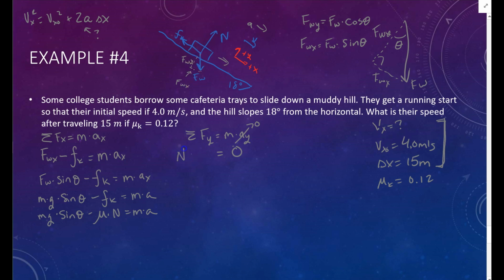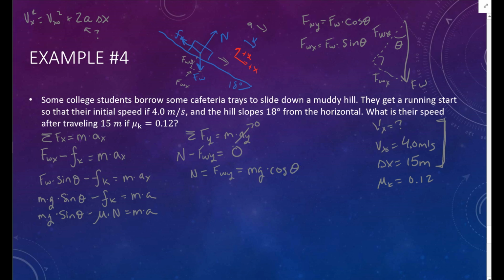So my normal force minus Fwy. That tells me that my normal force is equal to my force of weight in the y direction. We saw, when I broke my force of weight into its x and y components, that a force of weight in the y direction is equal to that weight times cosine of theta. I'm going to go ahead and substitute weight is mg, so mg cosine of theta.